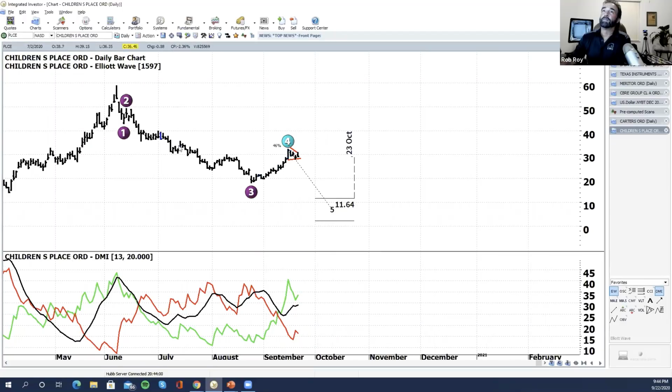And this makes more sense as far as the potential for a downward move. It's just, you have to respect the fact that the DMI is showing there really are some legit buyers in here.